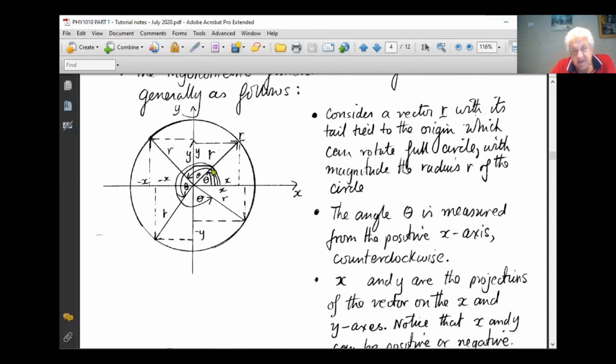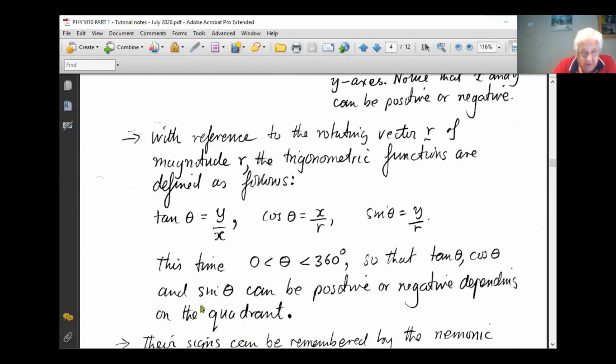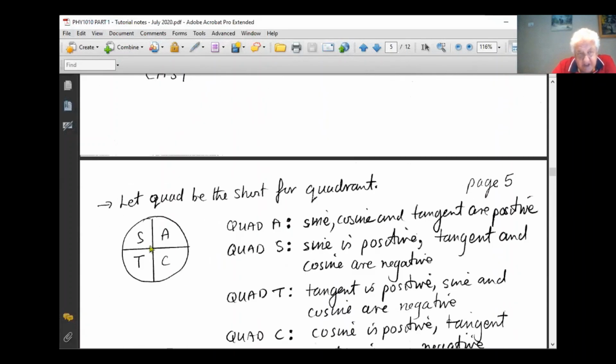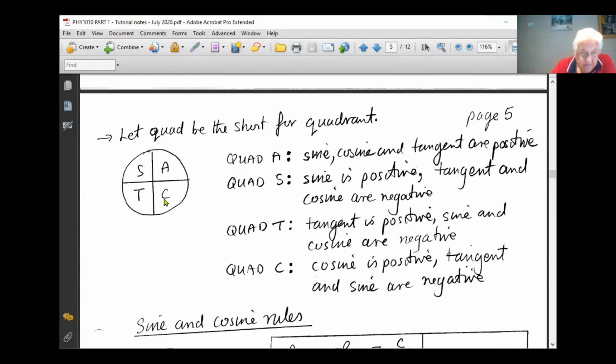So if the angle lies in this quadrant between 0 and 90 degrees, all of them are positive. And then for these other quadrants, we remember it by CAST. And it goes like this.